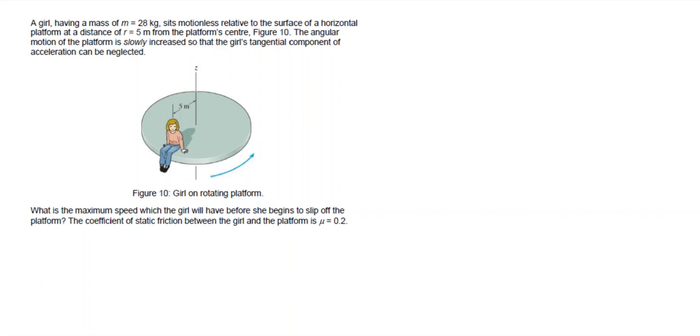For this sort of question, it is much better to start with a free body diagram to see how things work. I'm just going to draw it here. This is my platform, and the girl is sitting here.